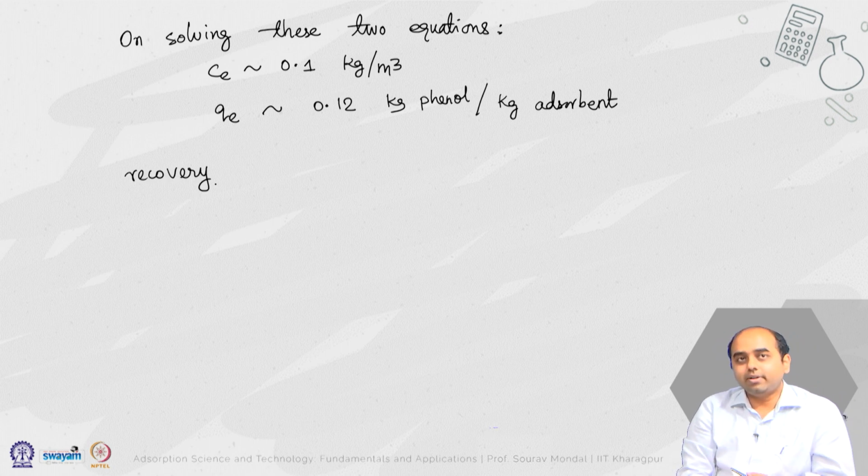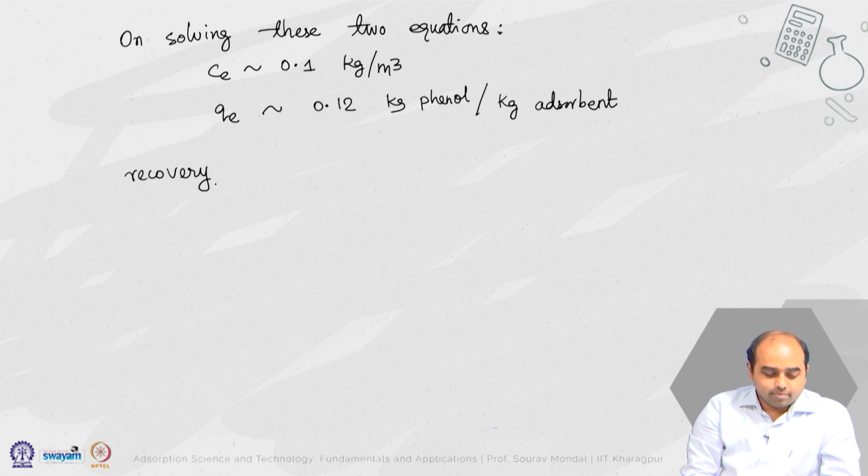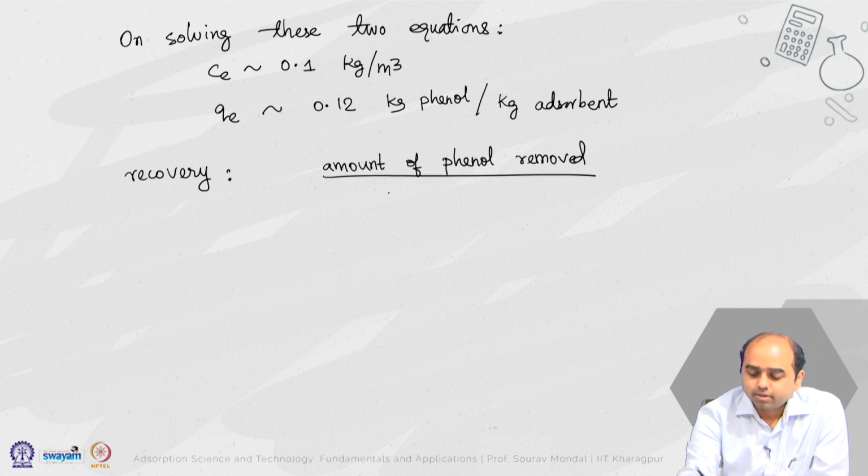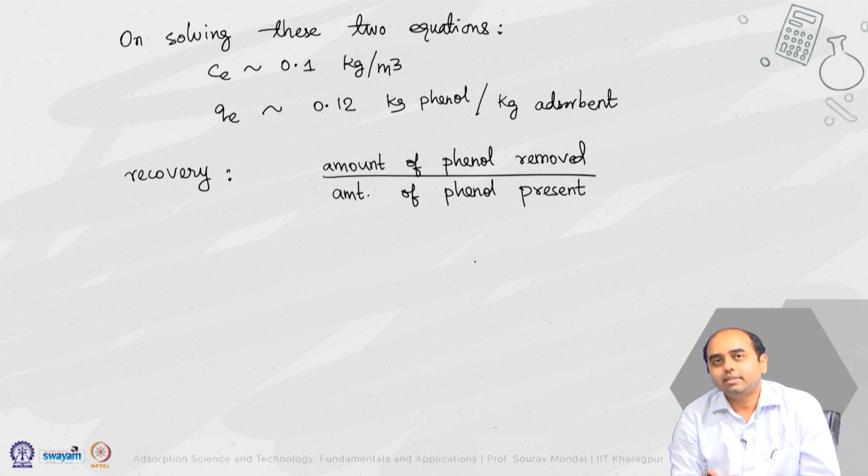The amount recovered is the amount of phenol that is removed from the system, divided by the amount of phenol originally present, which represents the recovery of phenol. Of course, we do not want to recover phenol, we want to just separate phenol, but in case this is a value added chemical, this is how the recovery of the adsorbate species can be defined.